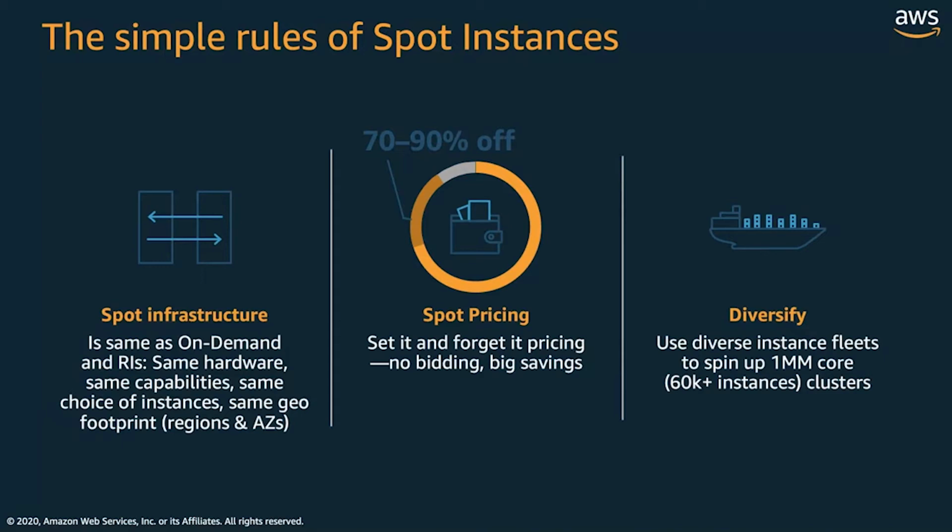The third part of this diagram is interesting. One of the ways we mitigate the effect of Spot instances going down is we use something called a Spot Fleet. What Spot Fleet allows you to do is specify a fleet of Spot instances for a specific purpose or for a specific workload across different families of instances.